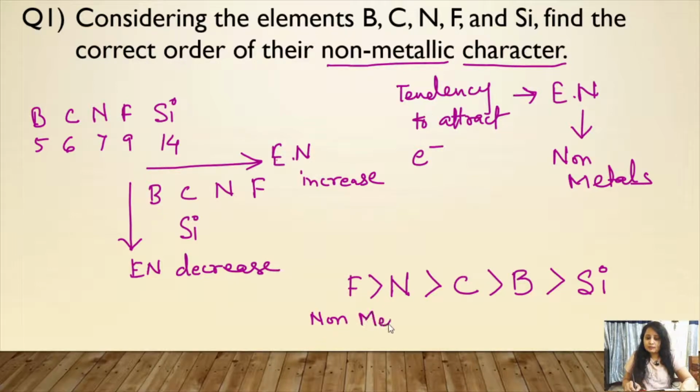Fluorine is a non-metal and it decreases in this order, and silicon is also a non-metal, but its electronegativity is lesser in comparison to the others. So this is the general trend, and for the given elements we have the answer: their arrangement in order of non-metallic character.